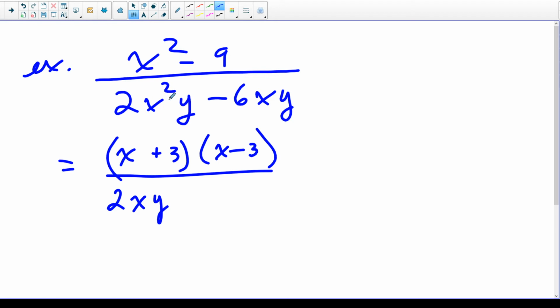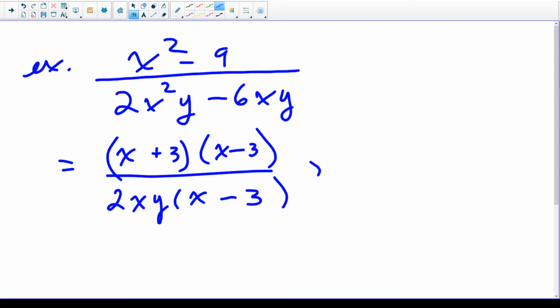So the x squared and the x, which one has the lower power? The x has a power of 1. So that's why I was able to pull out a power of 1 for x. And for y, both of them have a power of 1, so I'm able to pull out that power of 1. Now, what would be left over? In this position, I'd have an x left over, because it was an x squared. And in this position, I'd have a minus 3 left over, because the x and y are gone.